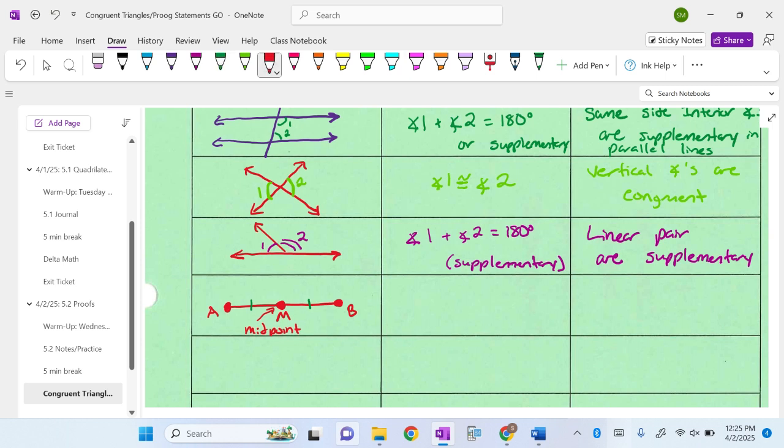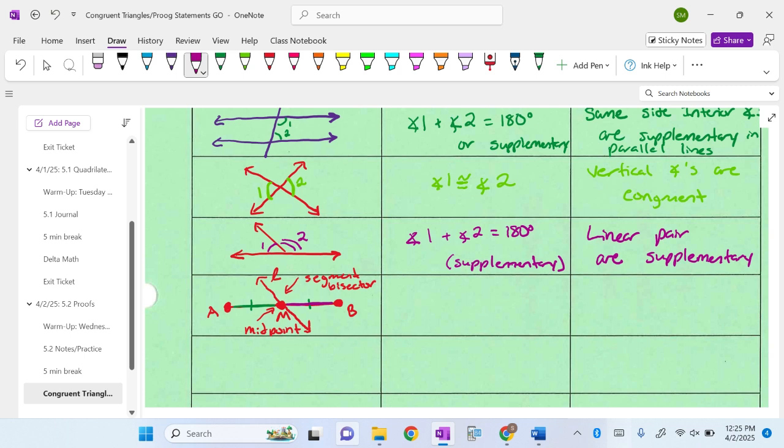Now, on the opposite hand, if we had a line cut perfectly through the segment through the midpoint, let's call this line L. This is called a segment bisector. Remember, bisector still means to cut in half, and it still has the same property. It means that this small segment is congruent to this small segment because it's cut in half.